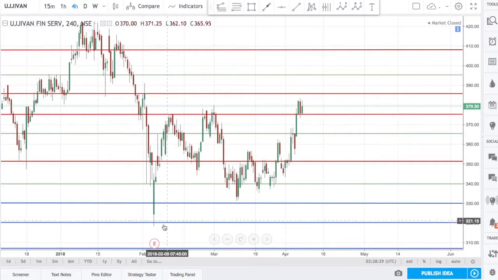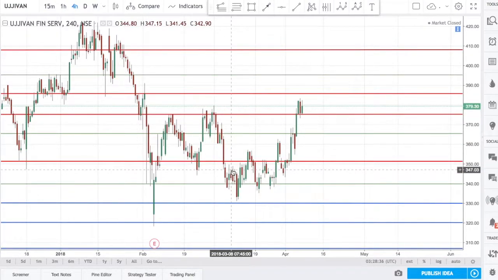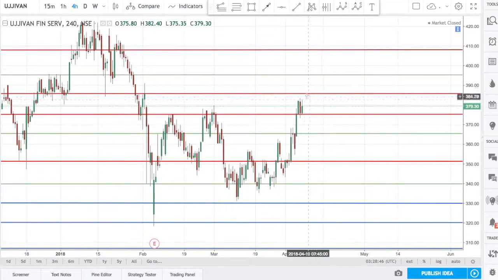A retracement into a 0.618 level, pushed lower from there, breaking below this lower high, and once again pushing up into the 0.618 level.